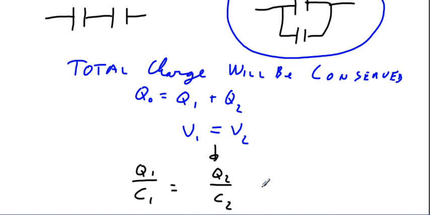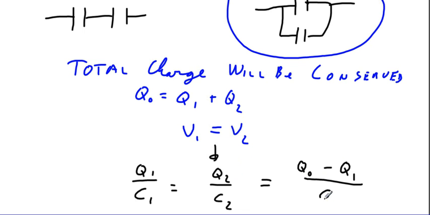And then we could say, if I take my total charge and I subtract away charge 1, then I've got Q2.